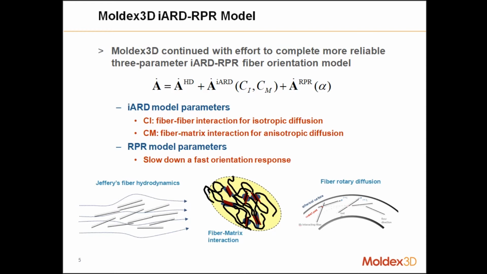CI is the fiber-to-fiber interaction parameter, and CM is the fiber-to-matrix interaction. The RPR model stands for retarding principal rate, which slows down the fast transient orientation rate by the parameter alpha. In general, this model involves three terms.